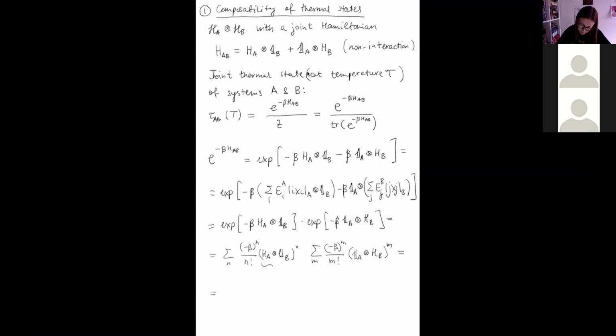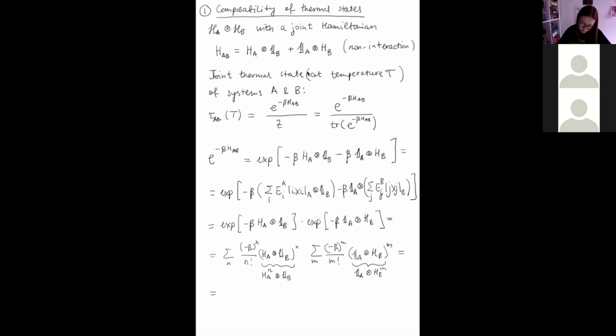And this one leaves us with H_A to the power n tensor the identity on B. This leaves us with identity on A tensor H_B to the power m.